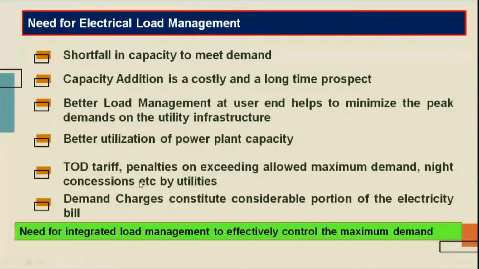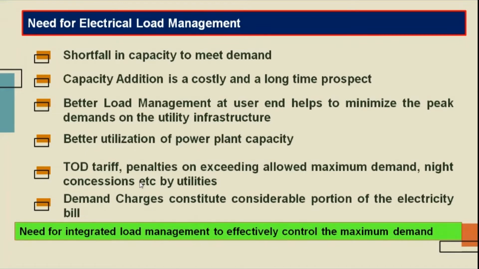Then we have seen the TOD tariff, penalties on exceeding allowed maximum demand, night concessions, etc., by utilities. If you are exceeding your maximum demand, we have many times seen this in our electricity bill. In the electricity bill, we have our contract demand. There are two types of consumer, LT consumer and HT consumer.